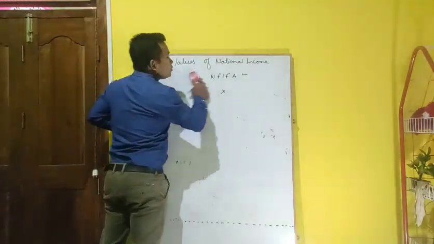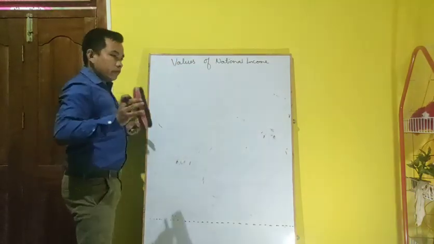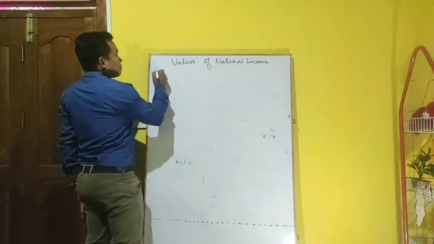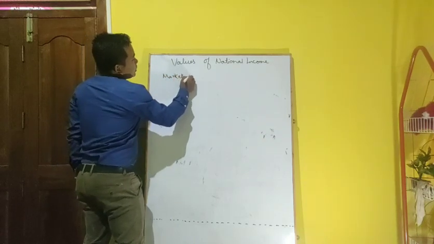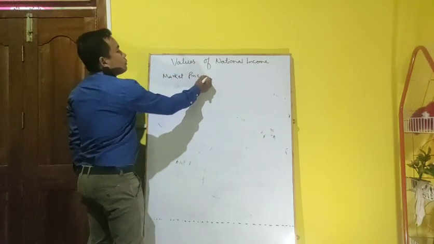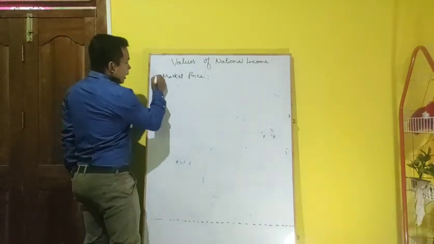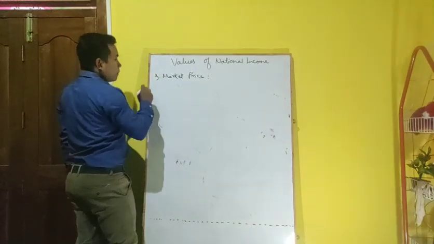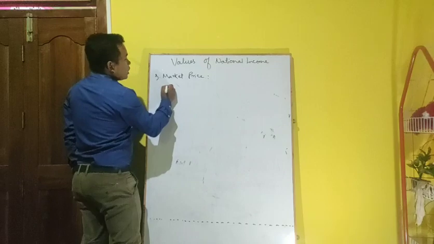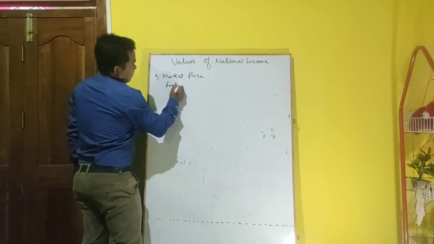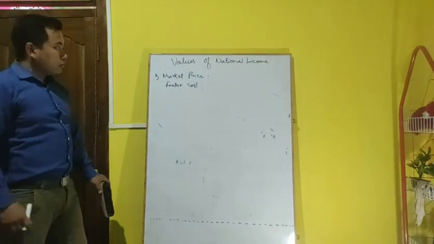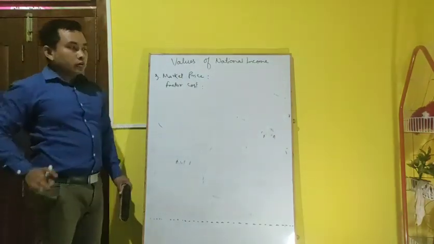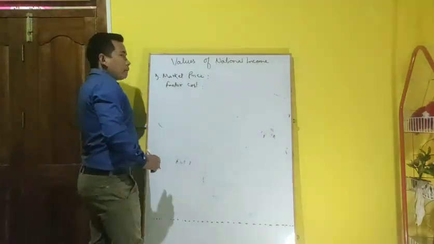Now let me go to the last combination of the values of national income. The first one is called market price value of national income, and the next one is called factor cost value of national income. Now what is the difference between market price value and the factor cost value? Let me begin.